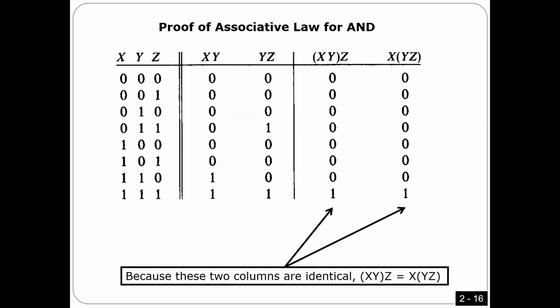Okay. Now, for example, I want to prove the associative law. As I told you, an associative law applies if you have X and Y and Z. The way I can do it, I can take these two together first, and it's the same as if I take these two together first.